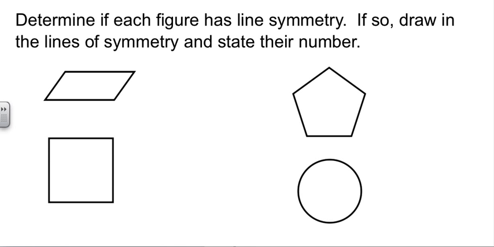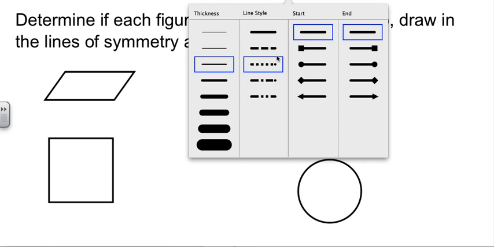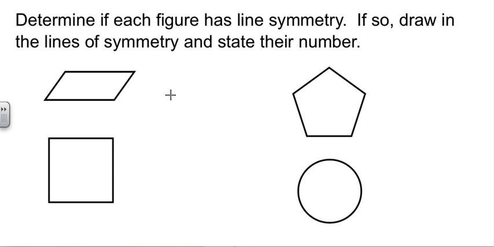If I draw a line, and I'm going to get myself a dotted line, not that big. If I take and try to draw a dotted line across there, this isn't symmetric there because this point's reflection would be here. That's no good.